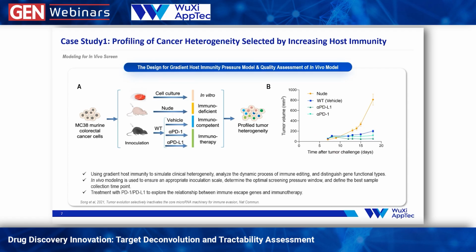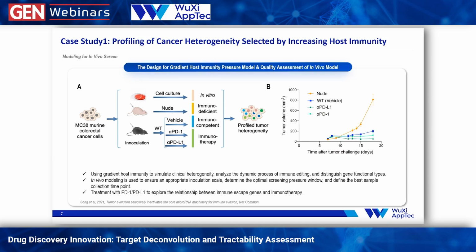The first case study shows how we use in vivo screenings to look for potential new drug targets related to tumor growth. In these studies, we first generate gradient host immunity pressure models. Starting from nude mice, which are basically immune deficient mice, so there's no immunity at all, no T cells, nothing.